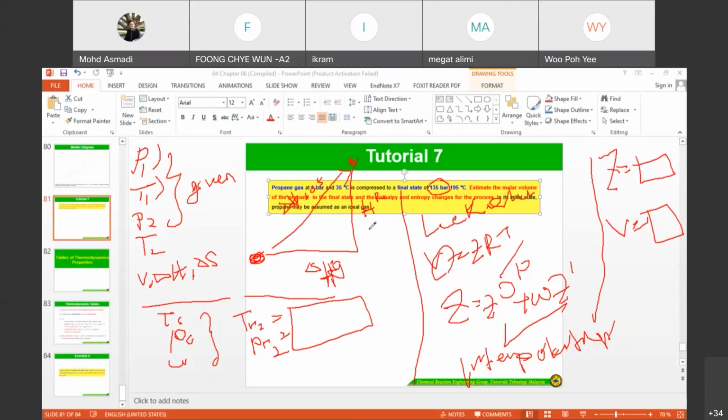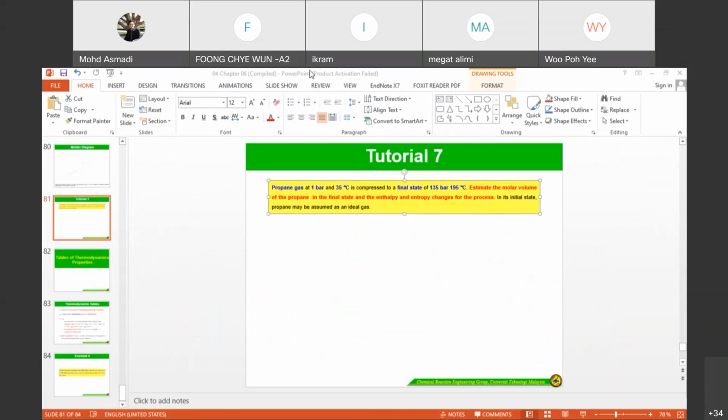And then we have to determine the HR. This one is easy by using the ICPH and also ICPS from chapter 4. And because it is 135 bar, I think you have to use the Lee-Kesler HR, HR naught and HR prime, meaning that you have to do the interpolation.